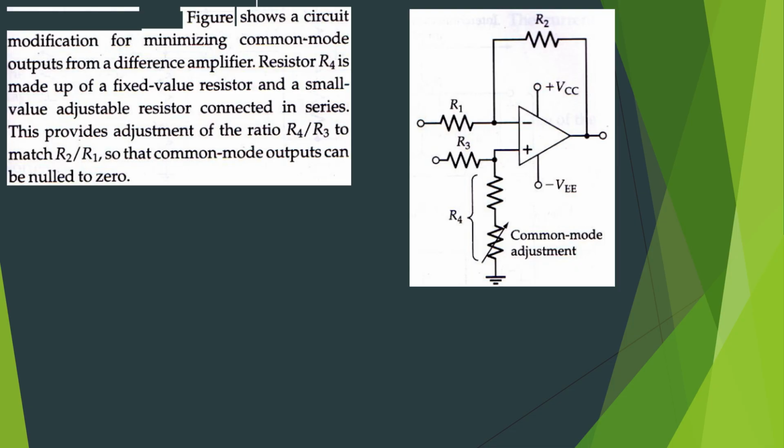Here resistor R4 is made up of a fixed value resistor and a small value adjustable resistor connected in series. This provides adjustment of the ratio R4 by R3 to match R2 by R1 so that common mode outputs can be nulled to 0.